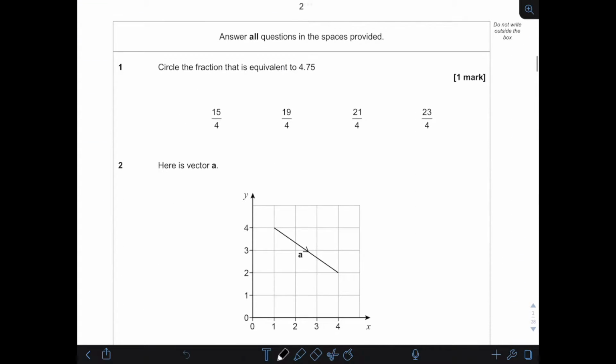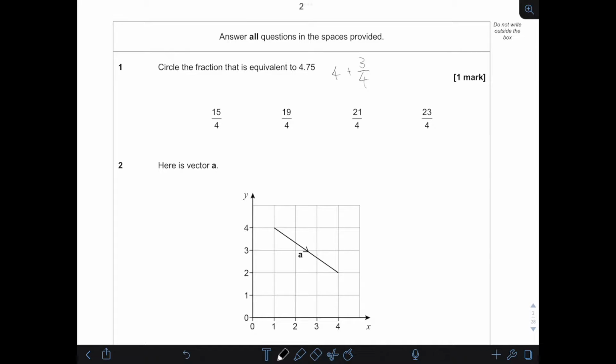So the first question is to circle the fraction that is equivalent to 4.75. If it's a denominator of 4, you already know that 0.75 should be pretty trivial. It should be 3/4, and that's 4 plus 3/4.